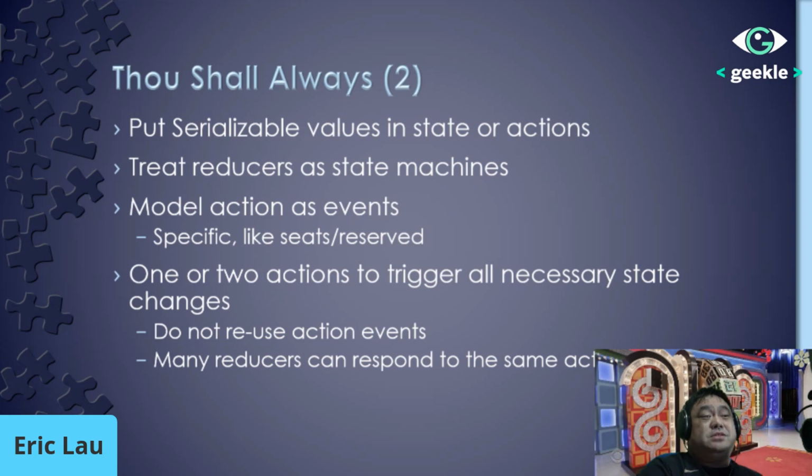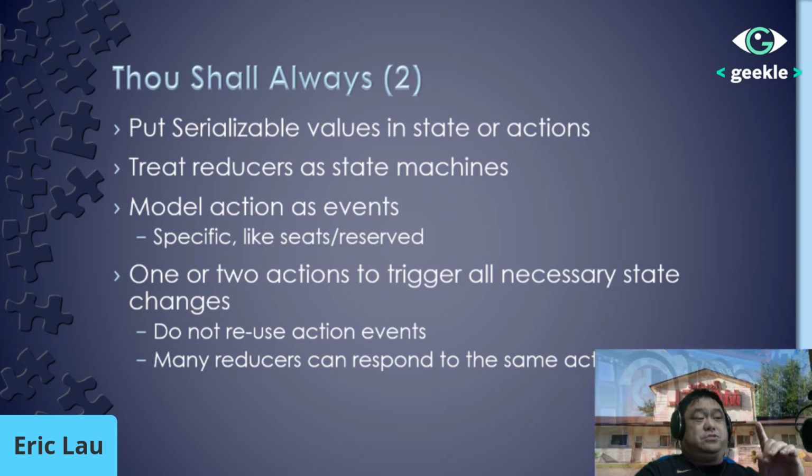Now, sometimes you try to do one, but it's not always possible. For example, the basic async, right? Going to the API for data, you're going to get two actions when a user clicks a button. One for the actual trigger, and one for showing the success or whatever when the data comes back. At least, right? Those things you can't avoid, right? But you don't want to reuse action events.